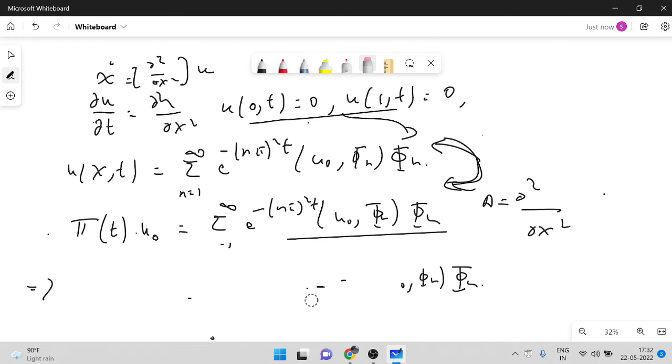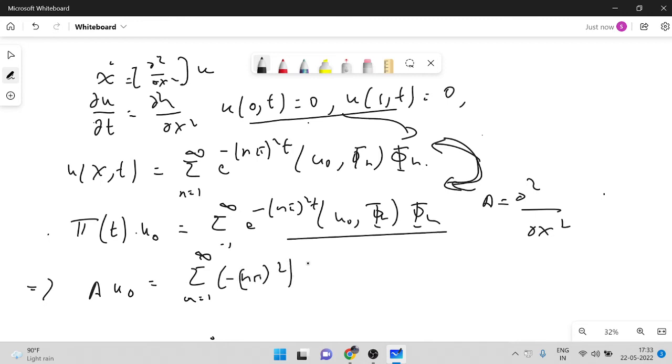So your operator A, I'm just simplifying them. So your A u0 becomes sigma n equals 1 to infinity minus n pi whole square into the inner product of u0 and phi n, into phi n. So this is basically the representation of the double derivative operator as an infinite sum.